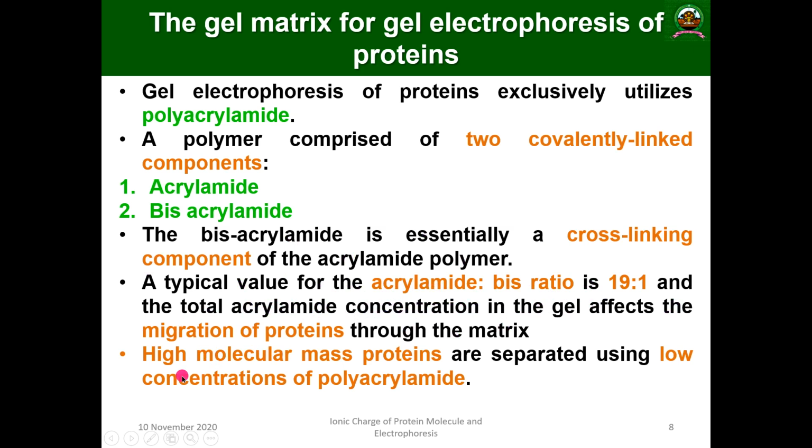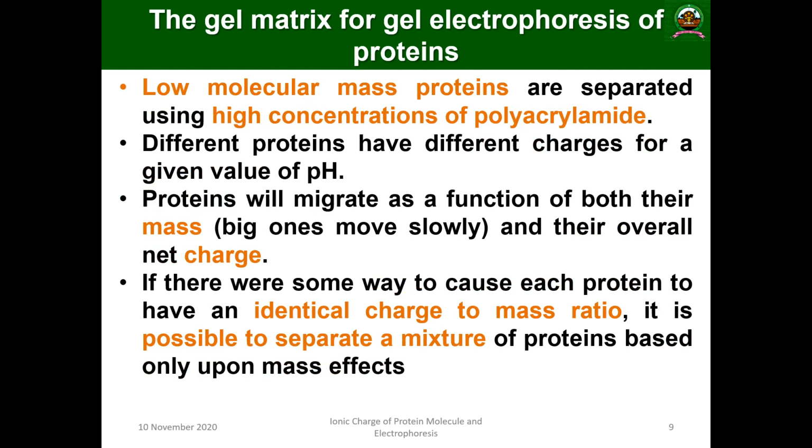If the gel concentration is low, then high molecular mass proteins can be separated. The other way around, the low molecular weight proteins are separated using a high concentration of the polymer.